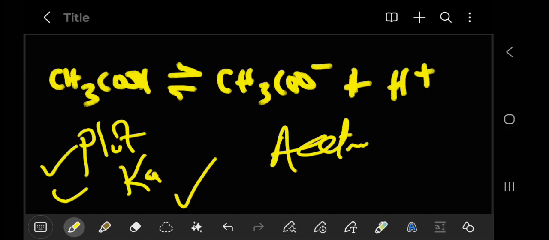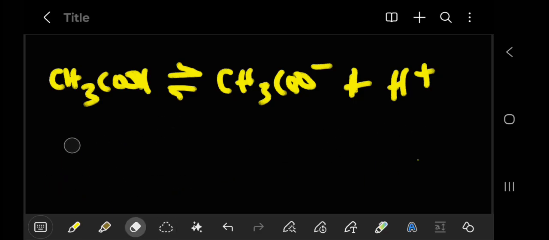The relationship is very much important. No one is going to ask you to start proving or deriving how the expression pH equals pKa plus or minus log 10 of the acid to base ratio. No one is going to ask you to do that. So just focus on what the experiment as a whole was all about, how it was done, and how to make up your tables.